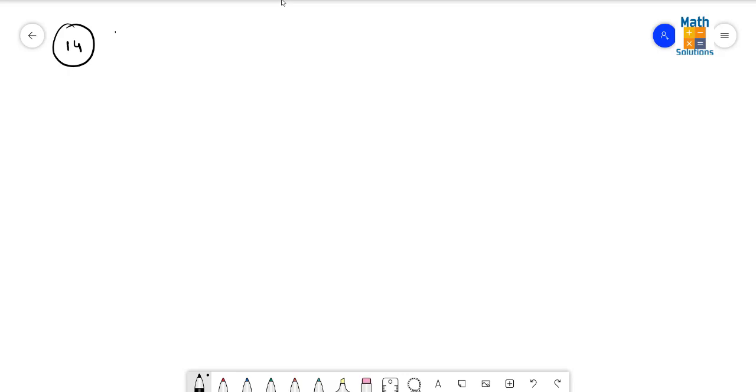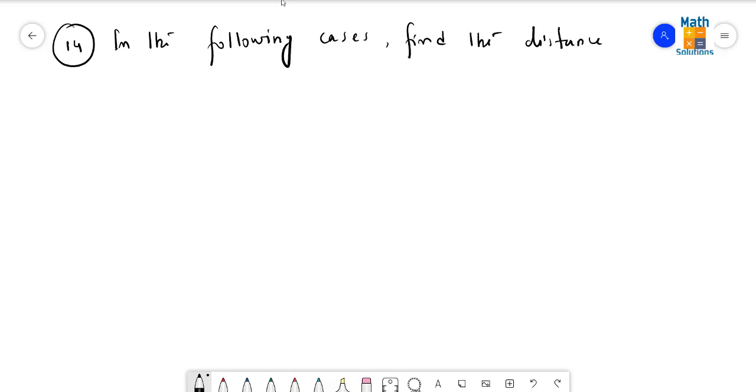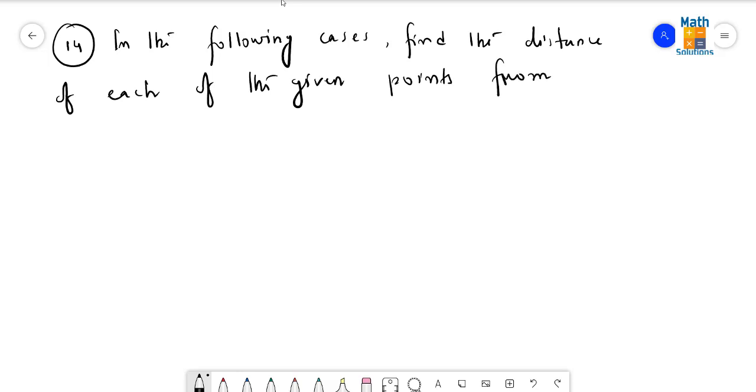In the following cases, find the distance of each of the given points from the corresponding given plane.